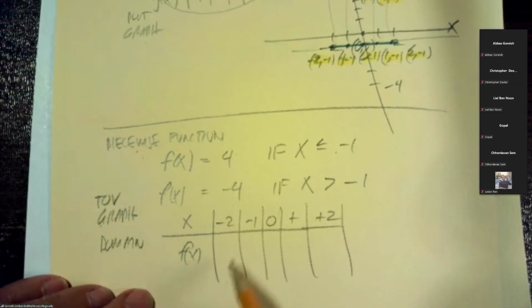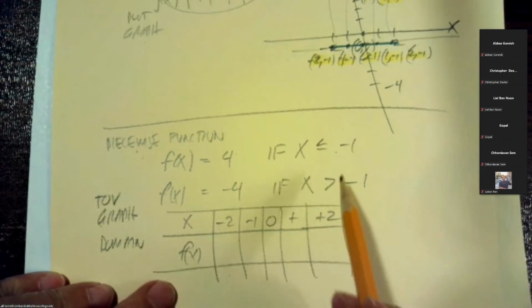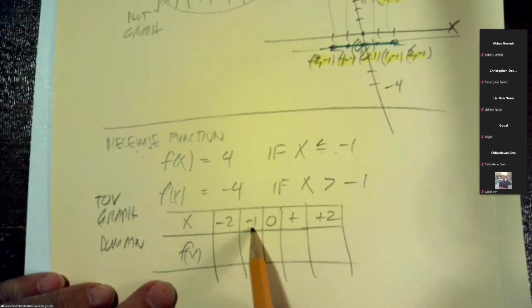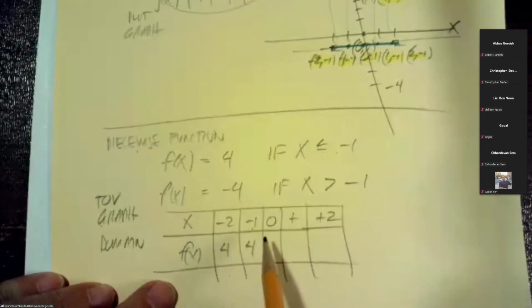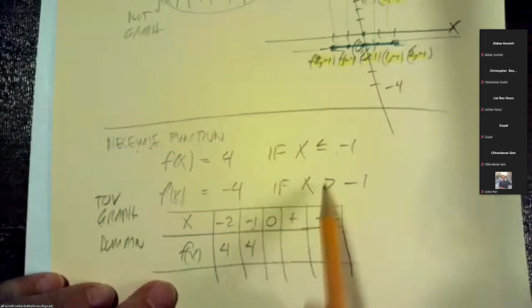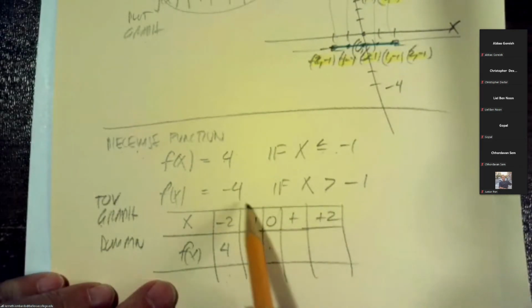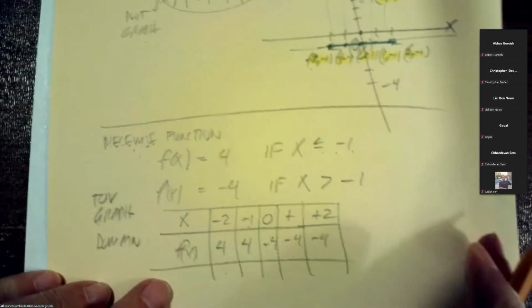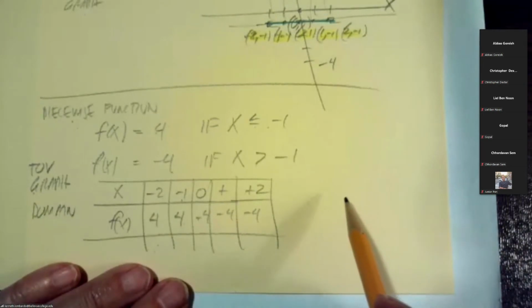And when we go out here, if we're less than or equal to -1, we're at 4. And if we're greater than -1, we're at -4. So we've created a table of values.